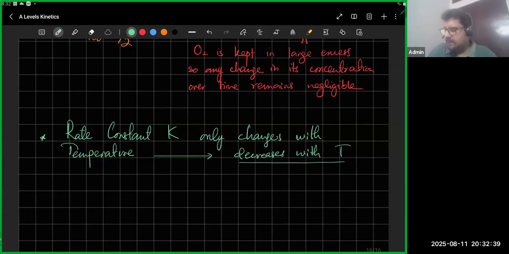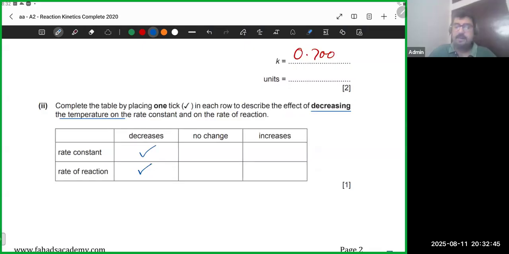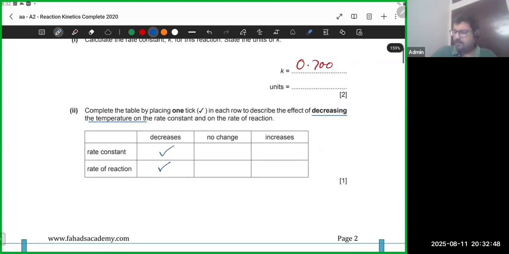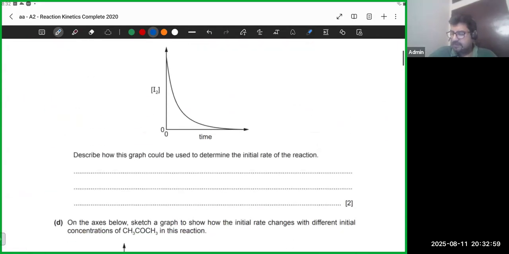It slows down the reaction. So remember, the rate constant K, like the equilibrium constant, only changes with temperature, and it decreases with decreasing temperature. That slows the reaction down.